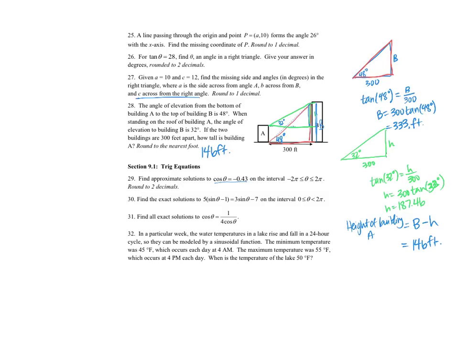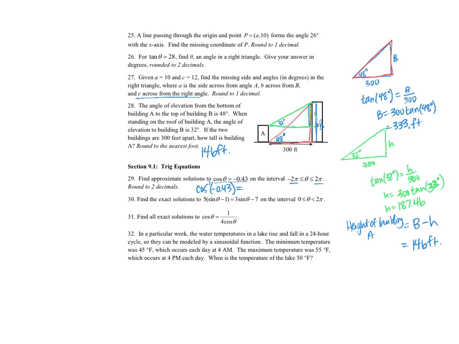Okay, and so the first thing I might do is find the inverse cosine in my calculator of negative 0.43. And notice here that the angles that are measured are in radians already, so I'm going to make sure that my mode is switched to radian mode for this question.